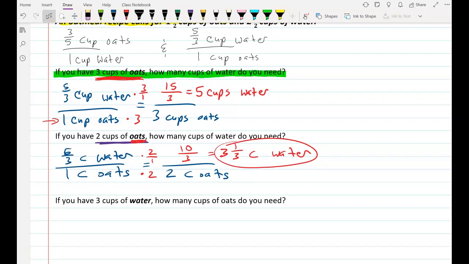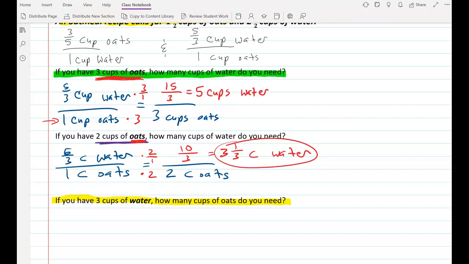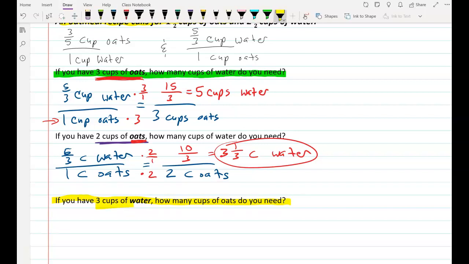Now this next one asks if you have 3 cups of water, how many cups of oats do you need? So remember, we are given the amount of water that we have. That means we are going to use the unit rate that has water as 1.